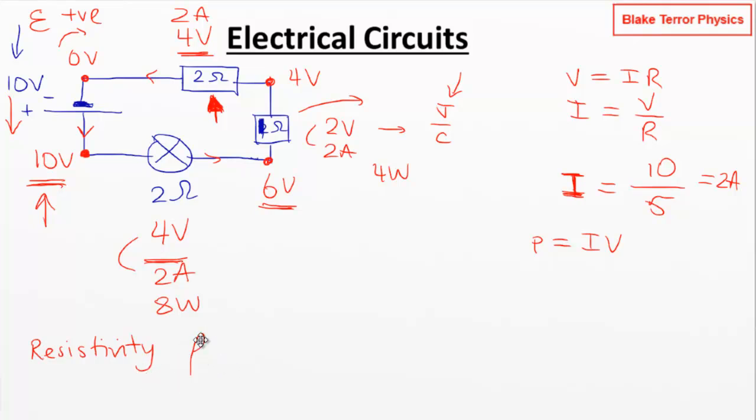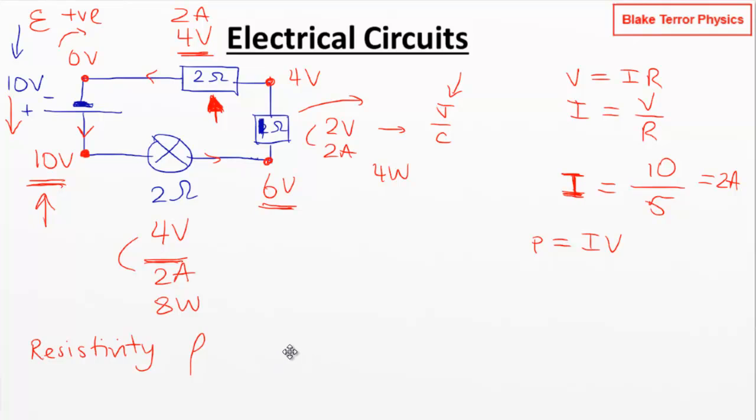And that's our abstracted, material-related measure of resistance for a particular material. So it's taking the shape of the material out of any measure of the resistance.